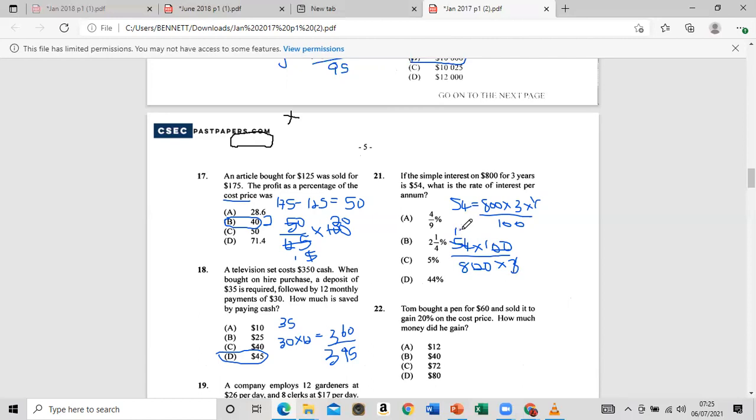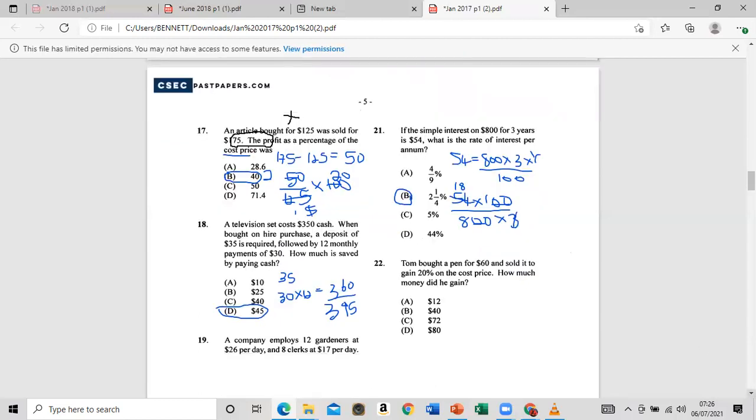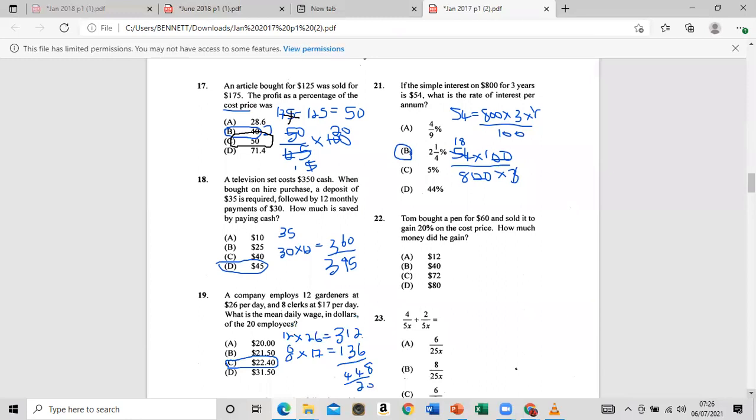So it's 18 divided by 8. 8 into that goes 2 times, 8 twos are 16. 2 over 8. No, that's not right. Yeah, 2 over 8 is the same thing as a quarter. So let me double check my answer. Yeah, it's right.